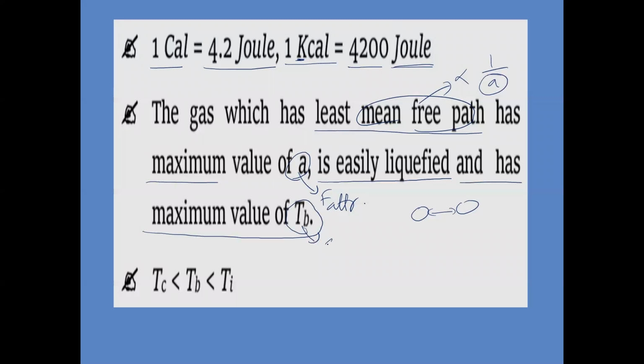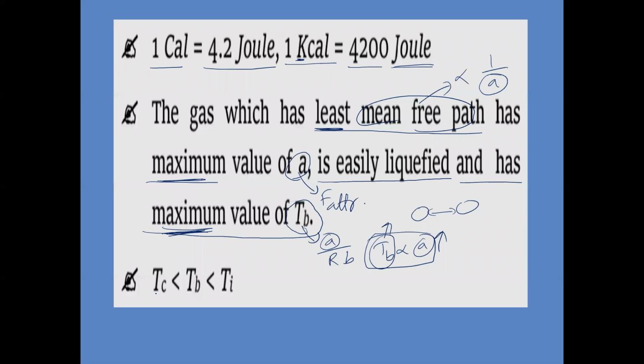Boyle's temperature is given by A by RB, so it is directly proportional to A. If the A value is greater, TB will also be greater. So if the gas has the least mean free path, maximum A value and maximum TB will be there.